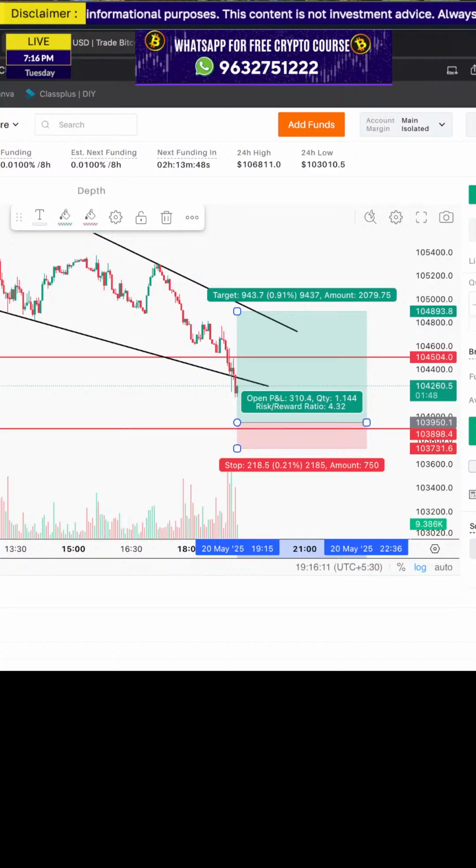S&P 500 is just in a trading range. No big movement there. BTC has come to the buyer's pressure zone.